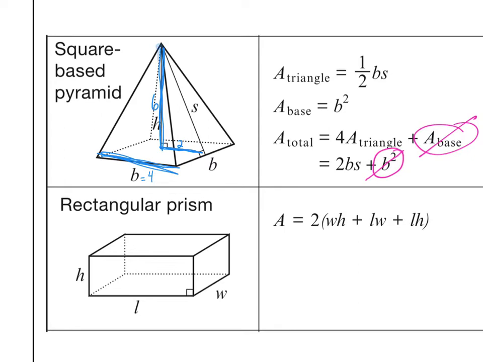And what you're going to be doing is using Pythagorean Theorem on this right triangle to solve for the slant height. So the height gives you this leg, half of the base length gives you this leg, and we're going to use Pythagorean Theorem to solve for s.